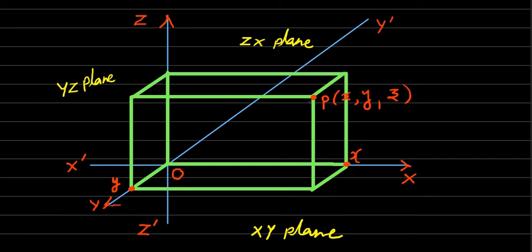And similarly, passing through the point P, if we draw a plane which is parallel to the XY plane, then that plane intersects the z-axis at this point, and at this point we have the value on the z-axis as the real number z, and coordinates of this point will be 0, 0, z.